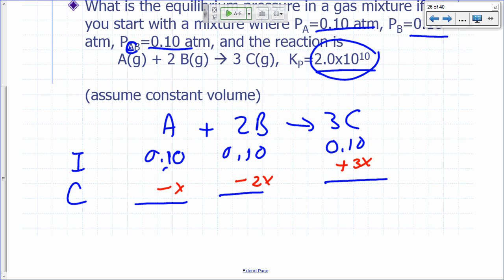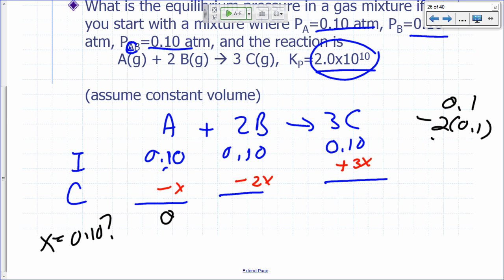What if X is 0.1? Try X equals 0.1. So what's 0.1 minus 0.1? 0, right? What is 0.1 minus 2 times 0.1?